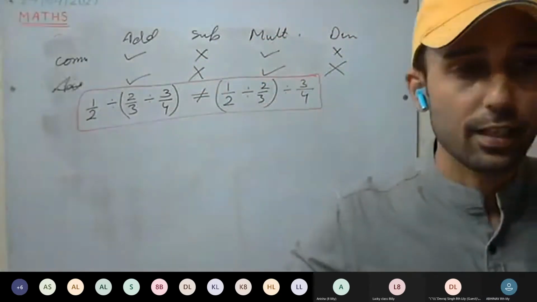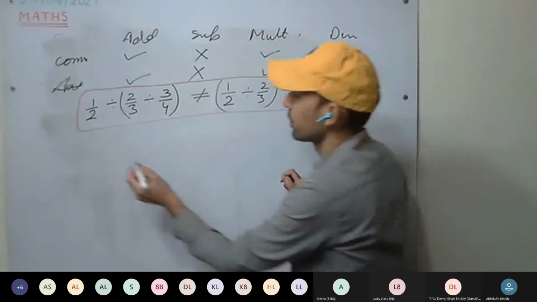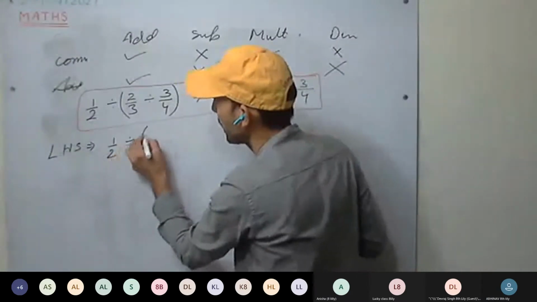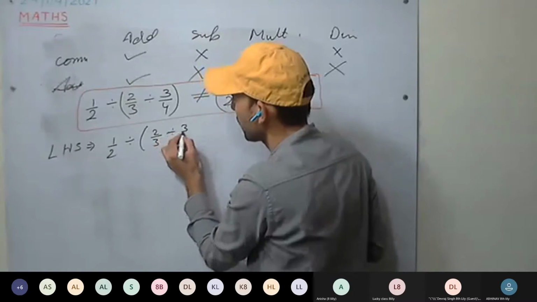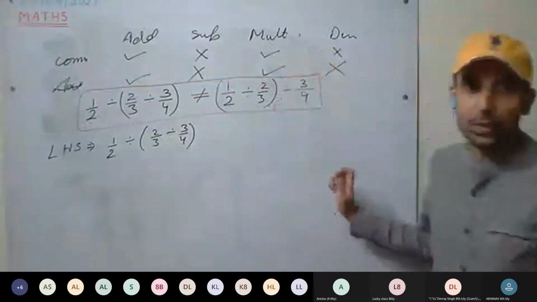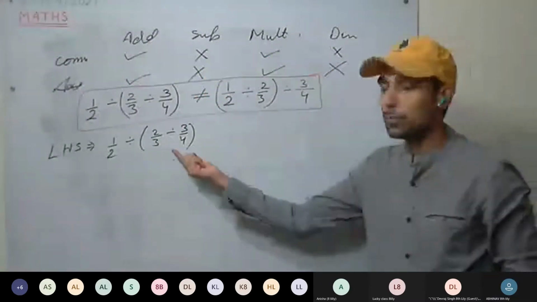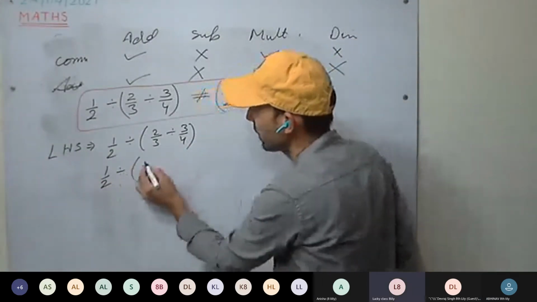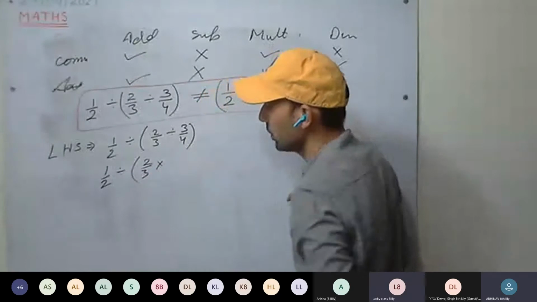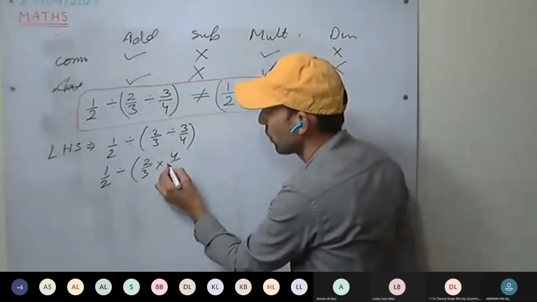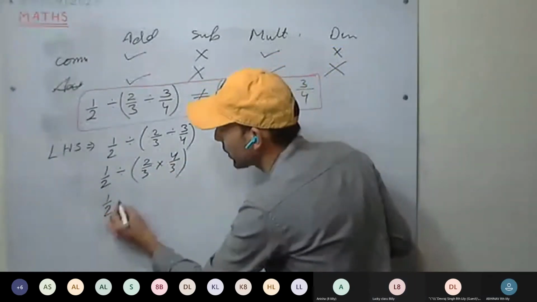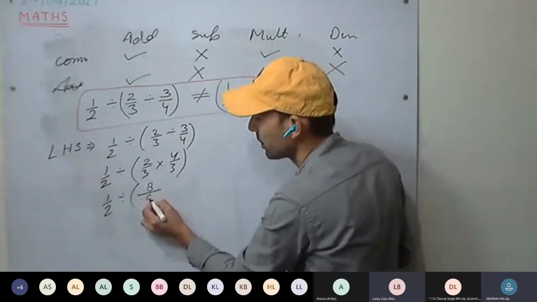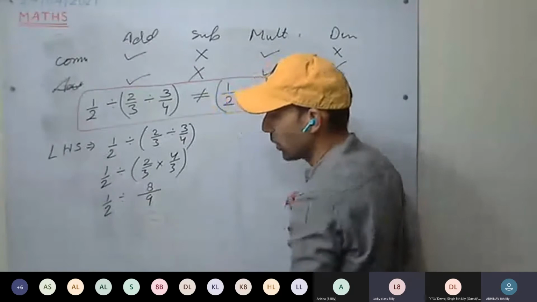So we'll take LHS first. LHS will be (1/2 ÷ 2/3) ÷ 3/4. Board marks we all remember, so first we'll be solving the bracket. 1/2 × 3/2 is 3/4. 3/4 divided by 3/4... wait, the LHS is 1/2 ÷ (2/3 ÷ 3/4): 2/3 × 4/3, 4 upon 3. 1/2 divided by 8/9.